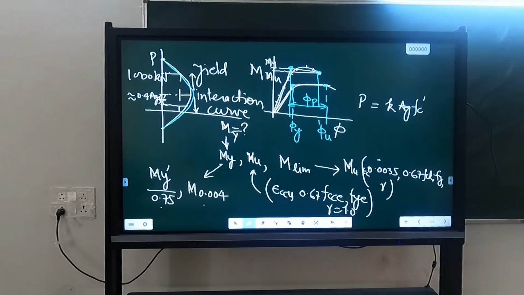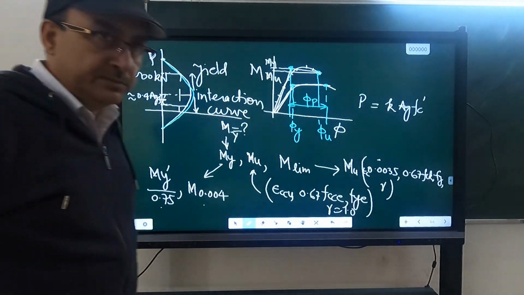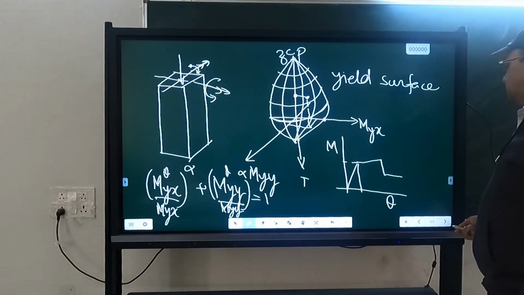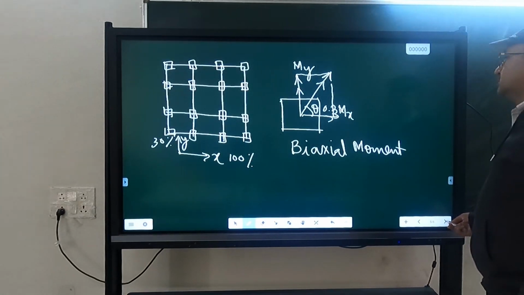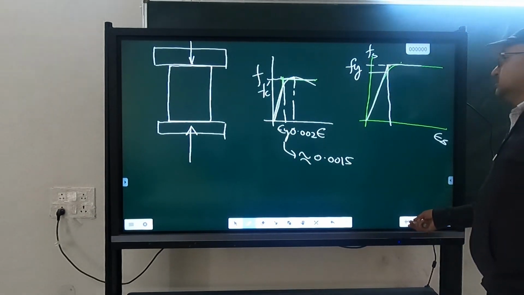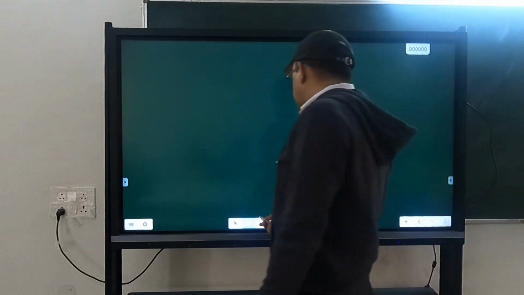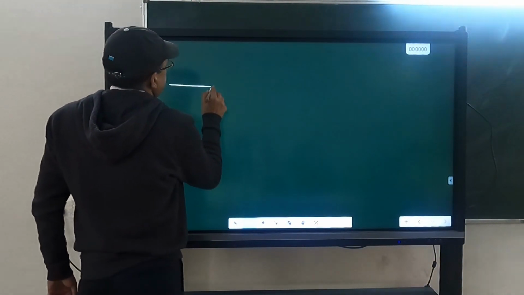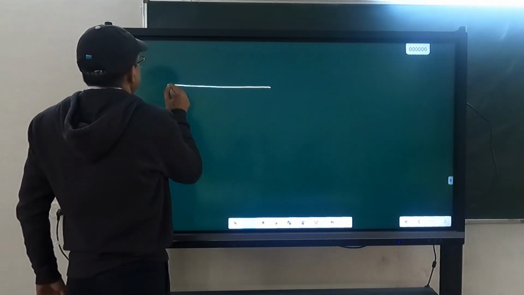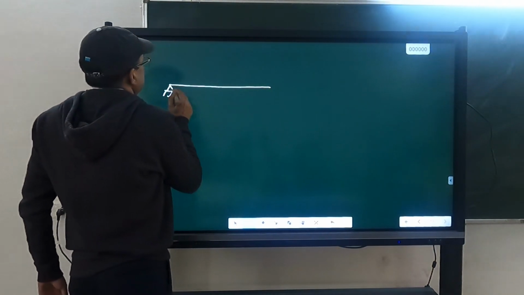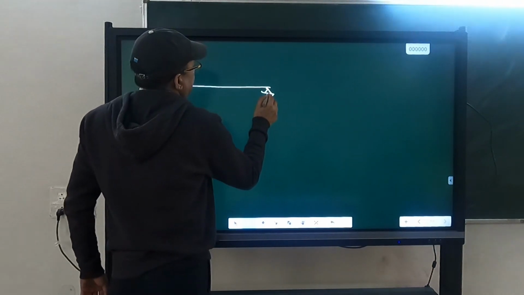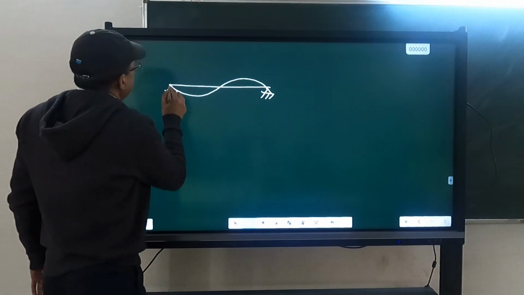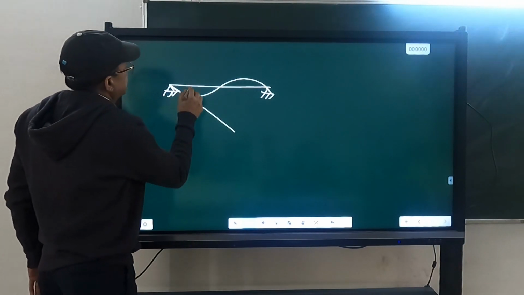Sir, in the example of the simply supported beam, how did you calculate delta P? Can you repeat? In that question, I have given you the definition of M and theta in the question itself. So we have defined this as theta.